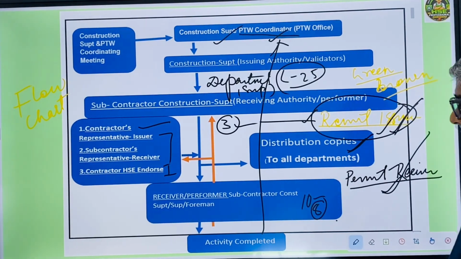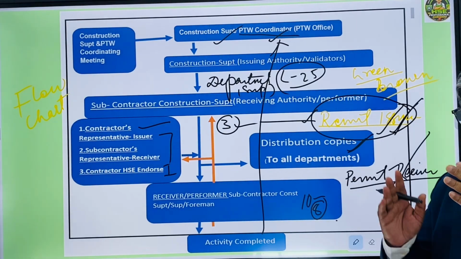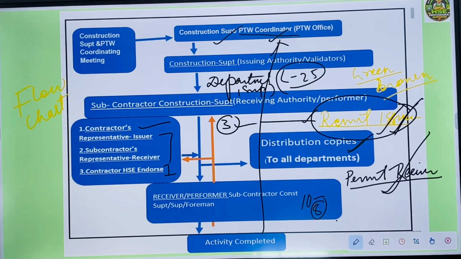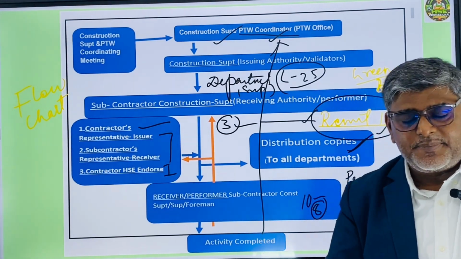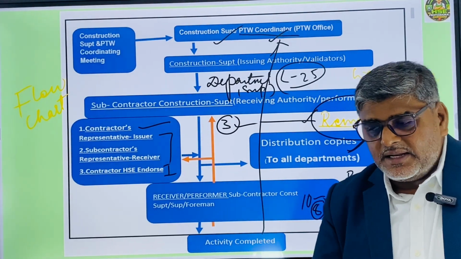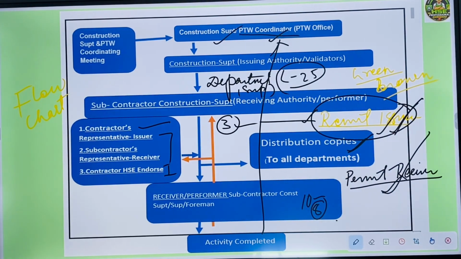So I hope the procedure is very clear and concise for you to understand what is different between procedure and plan. So the plan has been completed and the procedure has been completed. For the next slide, I would like to explain JSA. It's a very important document in KSA, the Kingdom of Saudi Arabia, and in other countries as well.